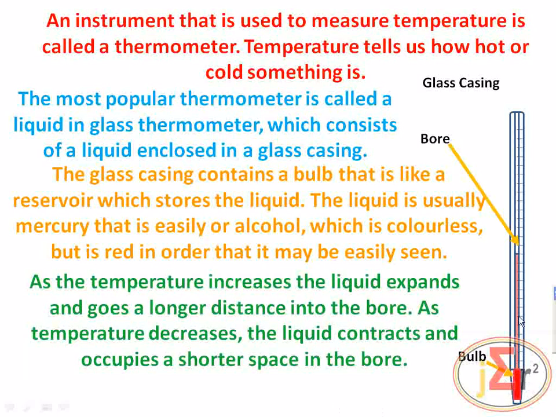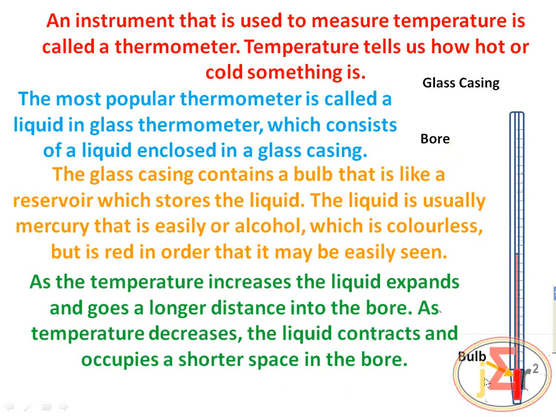So here is our bulb with much alcohol inside there, and here is the very thin bore that goes up like that. And when we place this in a warmer area, it will cause the liquid to expand, and the mercury or alcohol will go up into the bore and occupies a longer region of the bore.